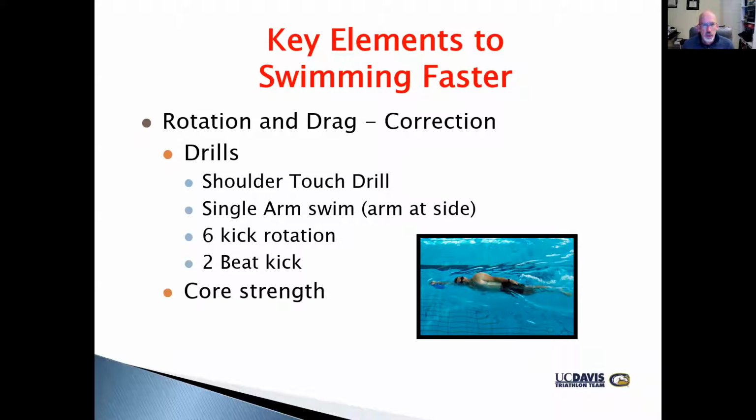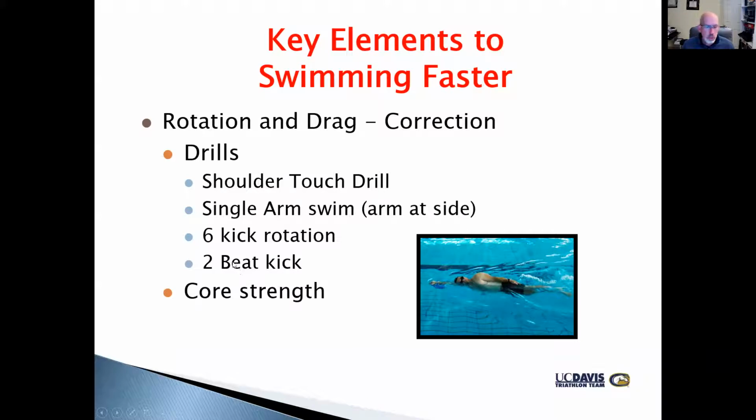So in order to eliminate or at least reduce the amount of drag that your rotation causes, a shoulder touch drill can be effective. A single arm drill can be effective. A 6-kick rotation drill, which is similar to what this person is doing. They're using a kickboard in that.